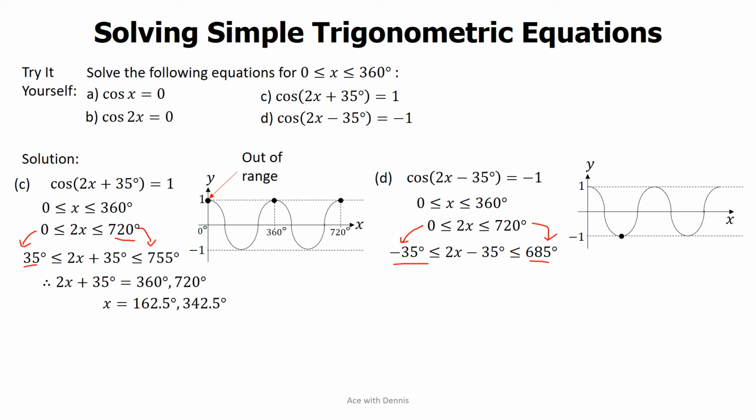Where is the value for -1? It is this point at 180 degrees and this point at 540 degrees. So therefore 2x minus 35 degrees equals 180 degrees and 540 degrees. We make x the subject, which will be x equals 107.5 degrees and 287.5 degrees. So do you get the answers correctly?